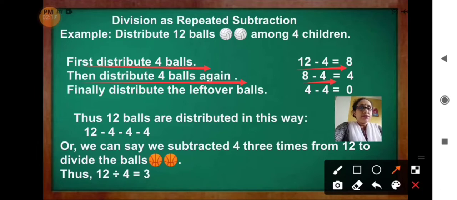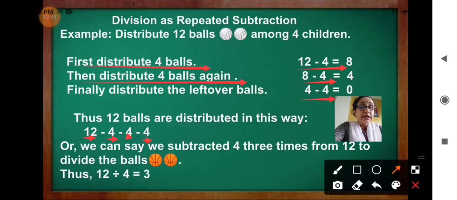Finally, distribute the leftover balls. That is 4 minus 4 equal to 0. Thus, 12 balls are distributed in this way. 12 minus 4 minus 4 minus 4.